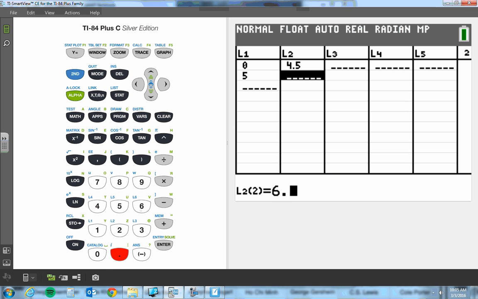By the way, what does the 4.5 actually represent? 450. That's 450 and 660 because it's 4.5 hundreds and 6.6 hundreds. Now, we want to find the regression equation, so repeat that. Stat edit to get the data in.